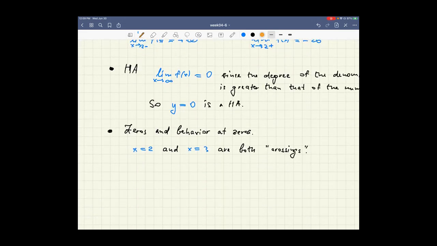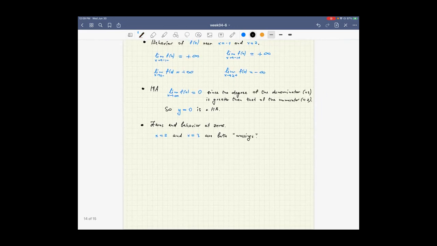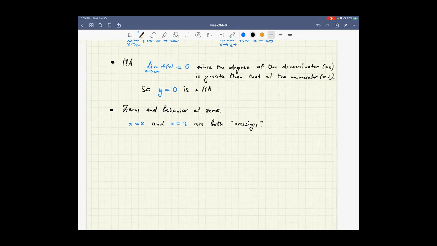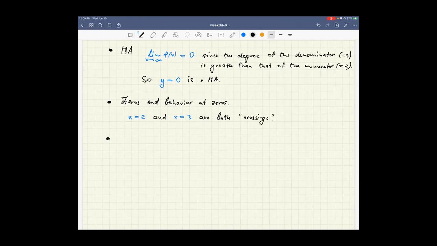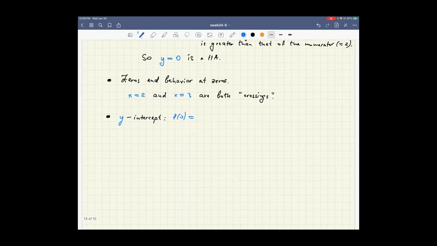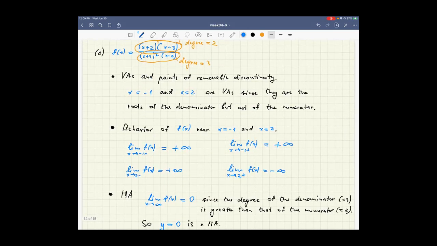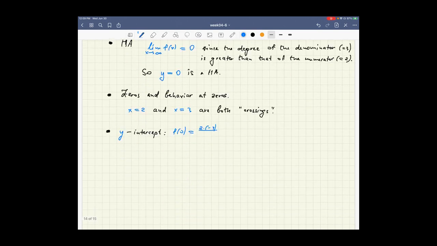Now let us find the y-intercept. F at 0 will be 2 times negative 3 over 0 plus 1 squared is 1, negative 2. The value is 3.